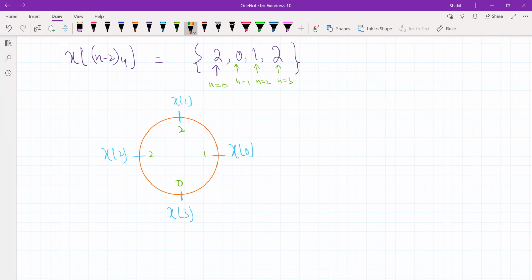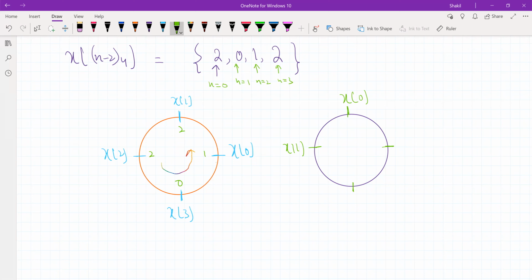Now circular shift by 1. In whatever fashion you have arranged the terms, give the shift in the same direction. So if you are arranging the terms here counterclockwise, give the shift in the same direction. Now what I mean by this, so let me draw a circle first. Circular shift of 1 means this. So x of 0 will now shift towards this.